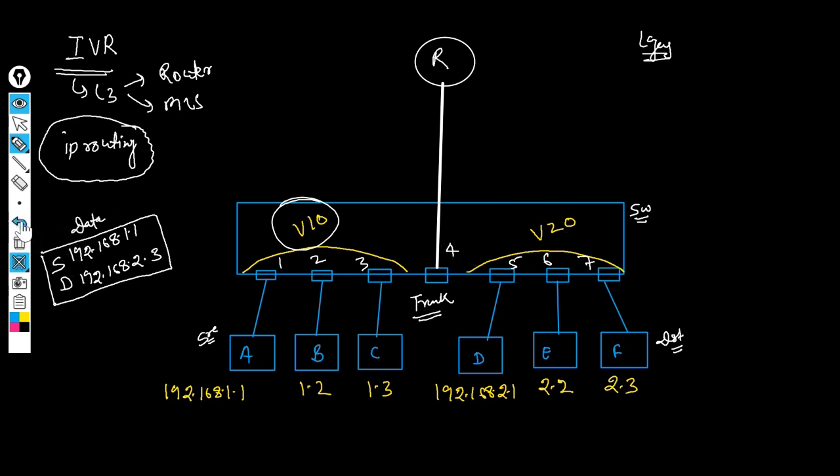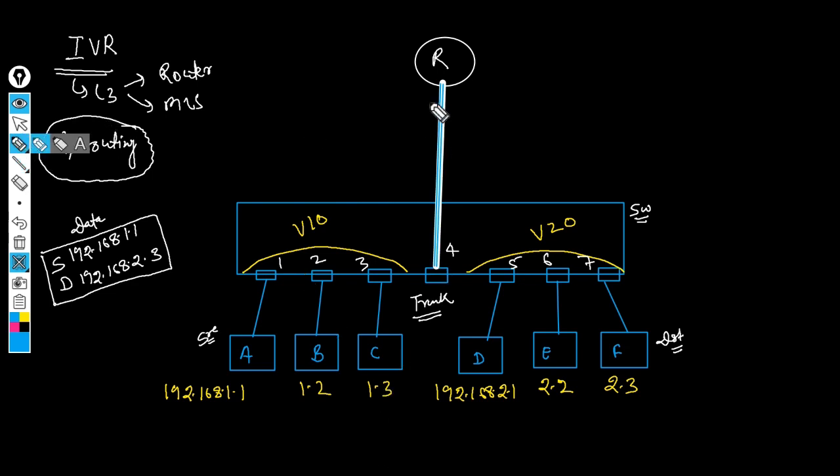Just to avoid that, we are going to use a single physical cable, and this physical cable will now be divided into logical cables. You divide it virtually into sub interfaces.